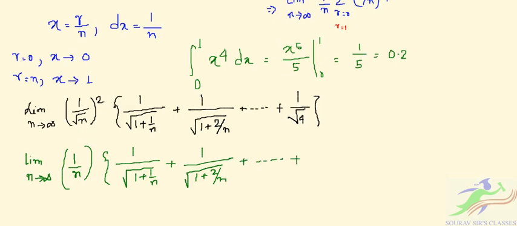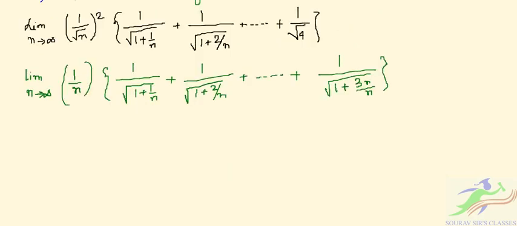We can write 4 as 1 plus 3n by n. Now if we put r equal to 3n, we can write this equation as follows.